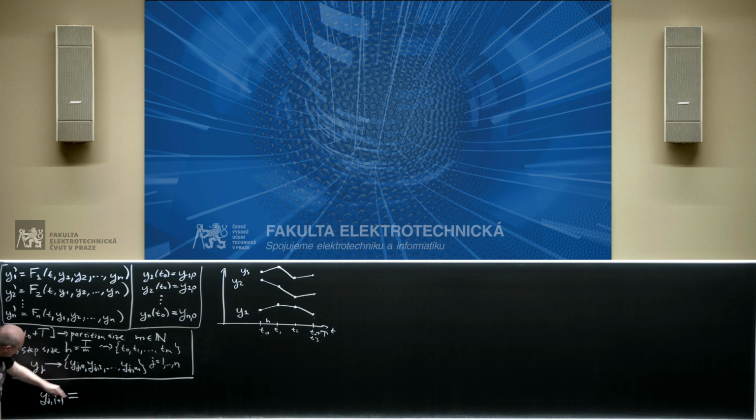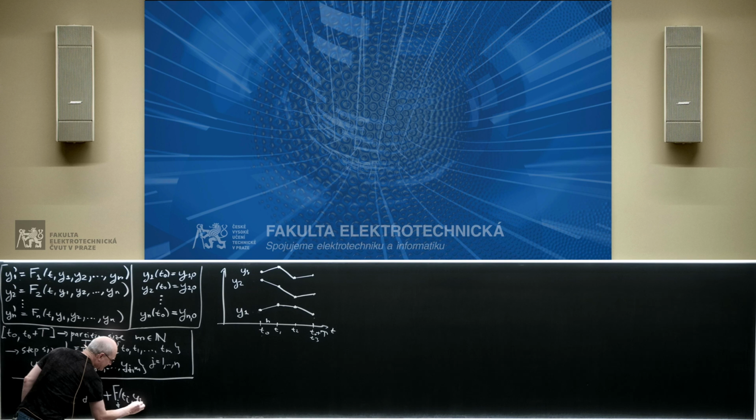Well, I have to look at my current location, which is yj i. Then I have to take the slope at that particular location, which is capital F, ti, that's the local time, and now local values of my unknown functions. So that's y1 i, y2 i, and so on.